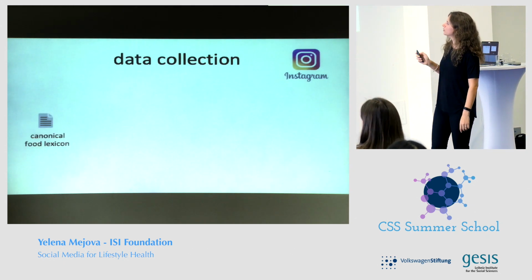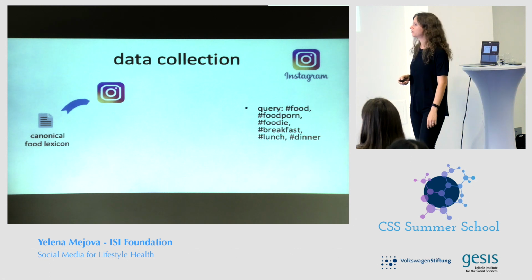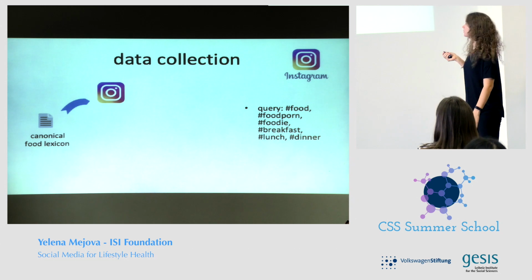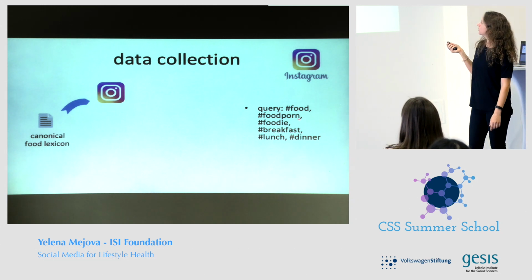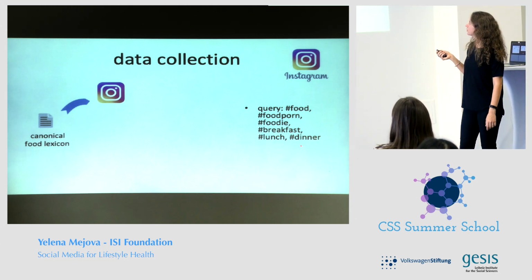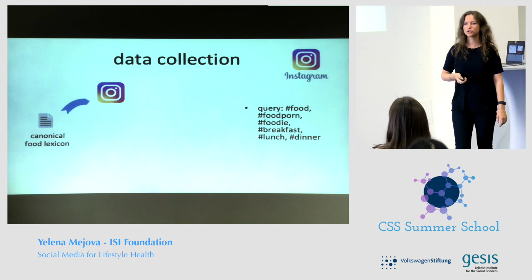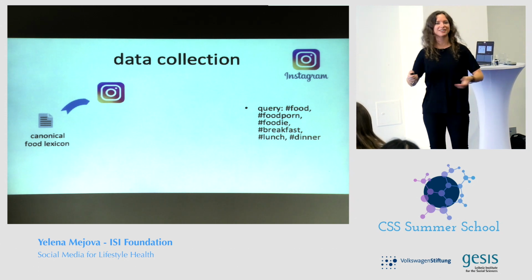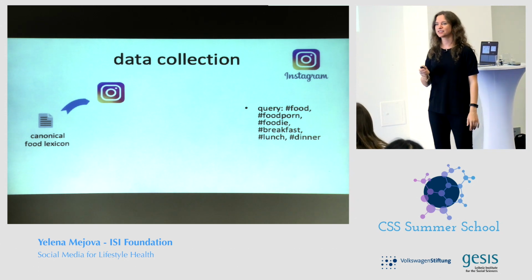And the idea was, again, to look at Instagram, using a food query, which was super simple. It was just food, food porn, foodie, and then breakfast, lunch, and dinner. So very, very simple. And sometimes the simpler your query is, the better.